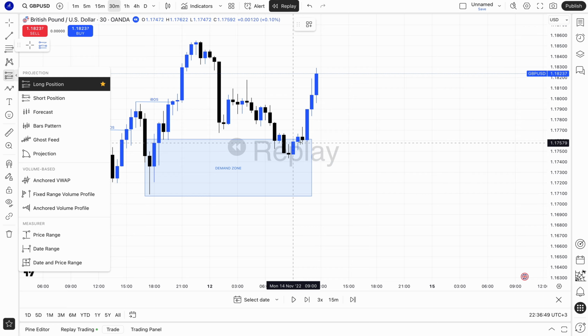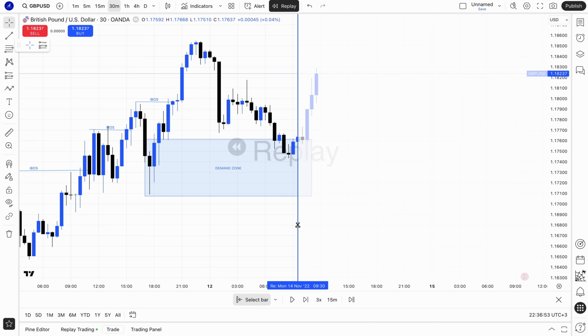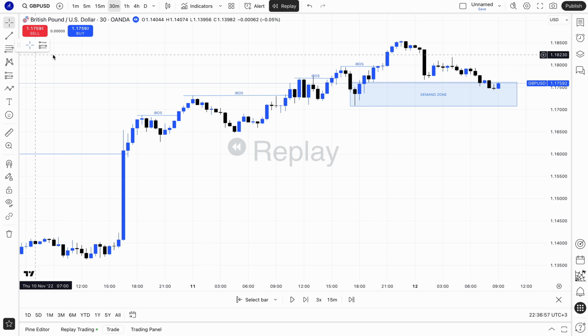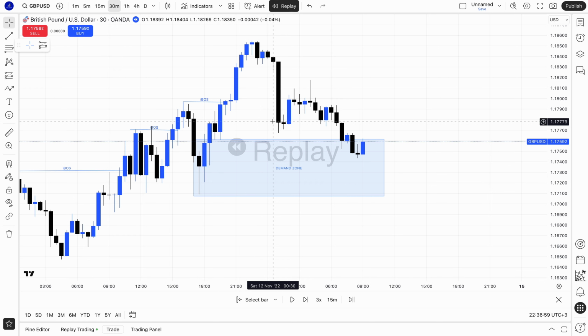Now we have to wait for this break, and after getting that break, you can see 30 minutes. That 30-minute candle.